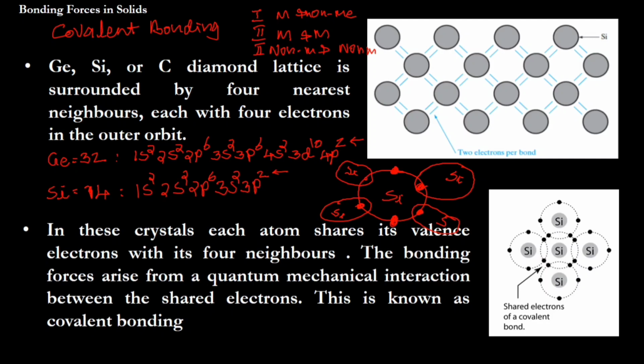So how many in the outer orbit? 1, 2, 3, 4, 5, 6. So now the outer orbit becomes 6 electrons and becomes stable. That's what I told here. It is the same case for germanium as well. The germanium or silicon lattice is surrounded by 4 nearest neighbors, each with 4 electrons in the outer orbit.